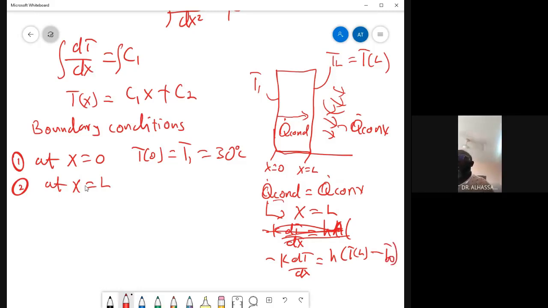That is the boundary condition that satisfies it. So at x equals L, we have minus k dT over dx. What is this?